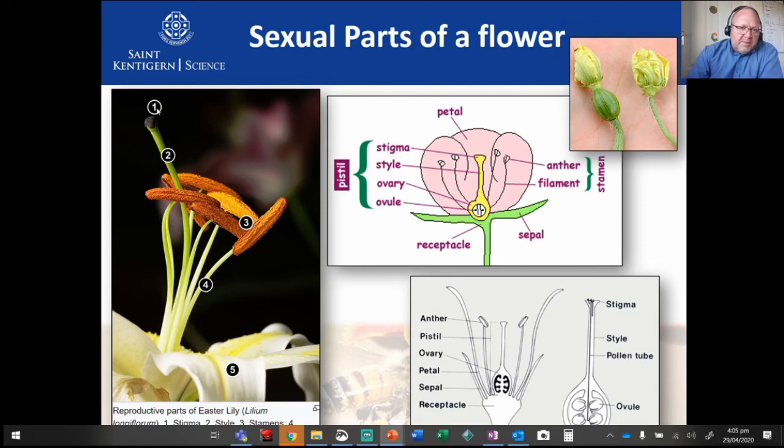And then you say, number one is the stigma, number two is the style, number three is the anther, number four is the filament, number five is the petal. And the ones that we don't see in there are the whole things: the stamen and the pistil, and also the ovary and the ovules.